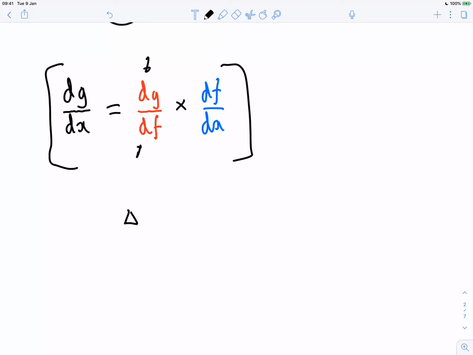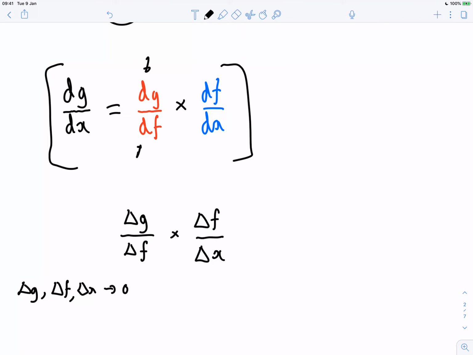Essentially, they are measurable changes in g and measurable changes in f multiplied by a measurable change in f over that measurable change in x. Now, all these measurable changes, the change in g, the change in f, the change in x, they're all tending to 0, right? But before they tend to 0, they're essentially going to cancel beforehand. Okay, and then you evaluate what's going to happen.